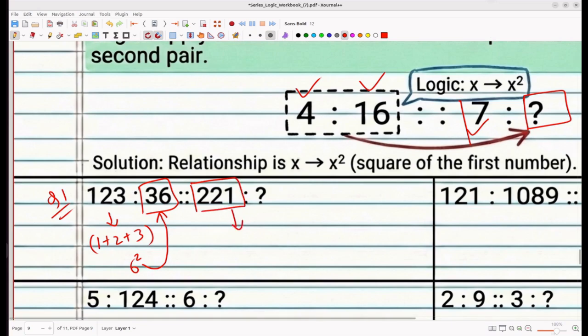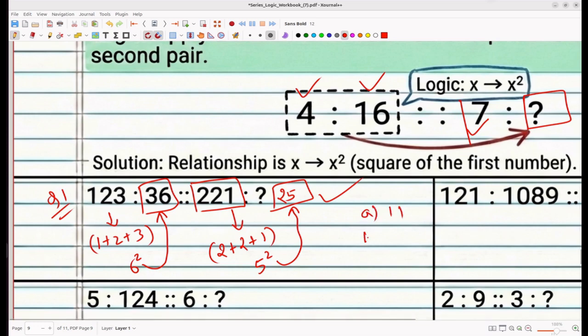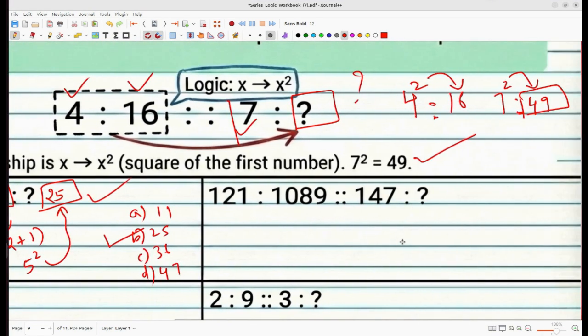Here they have written 221. 2 plus 2 plus 1. What will be 2 plus 2 plus 1? 2 plus 2 is 4, plus 1 is 5. What is the 5 square? 25. So 25 is the answer. They will give options like A 11, B 25, C 36, D 47, something like this. We have identified it correctly as 25. So the answer is 25.